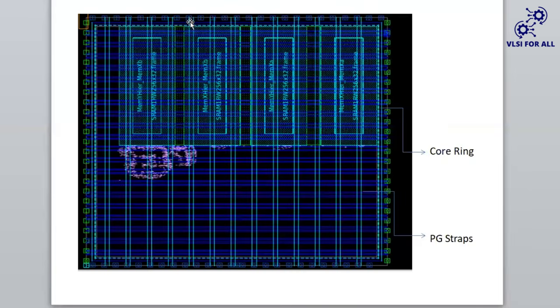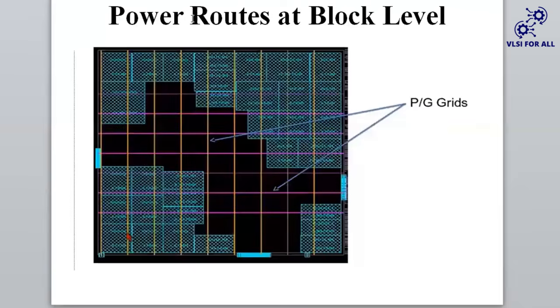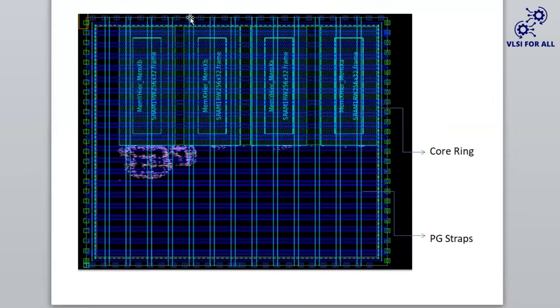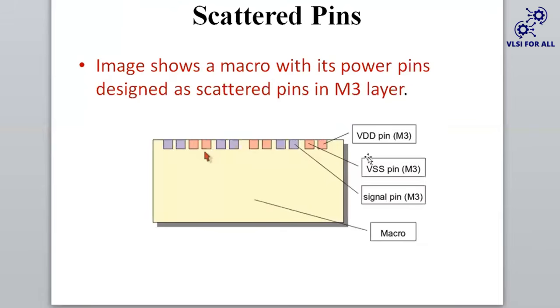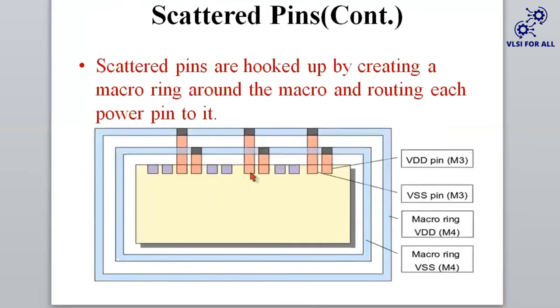These blue color small boxes are called your scattered pins. This is what scattered pins are all about. And scattered pins are hooked up by creating a macro ring around the macro and routing each power pin to it.